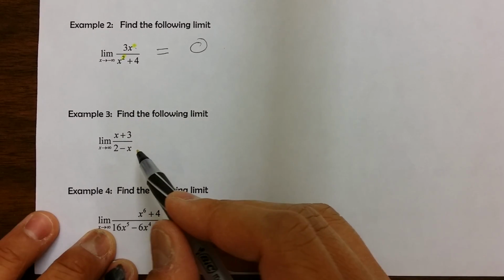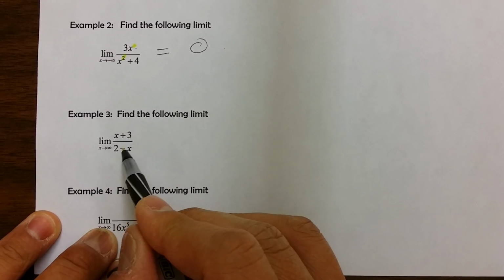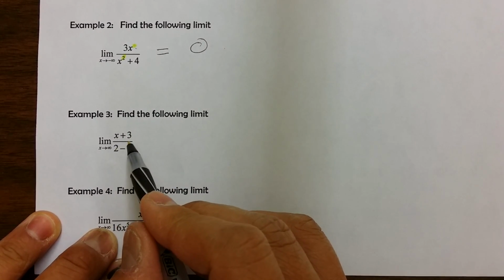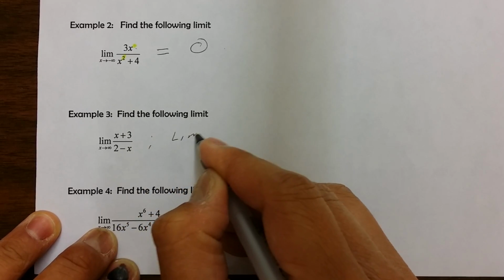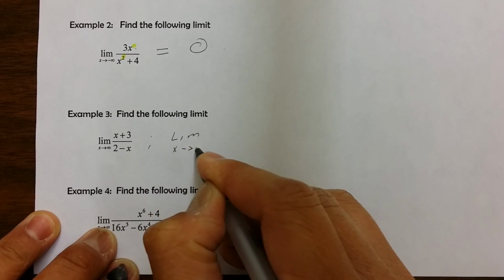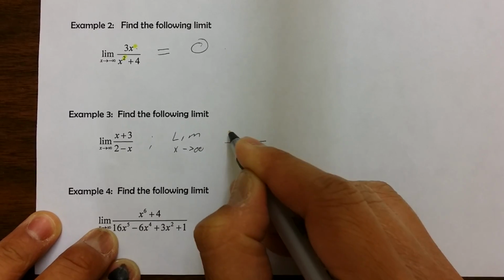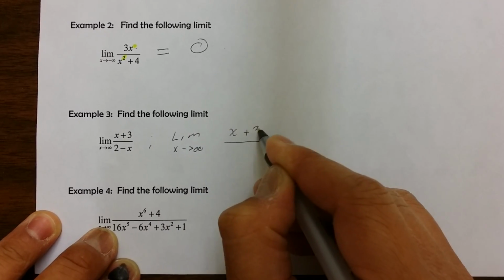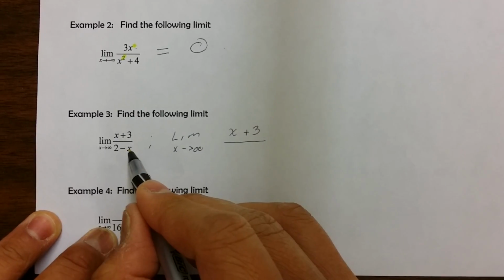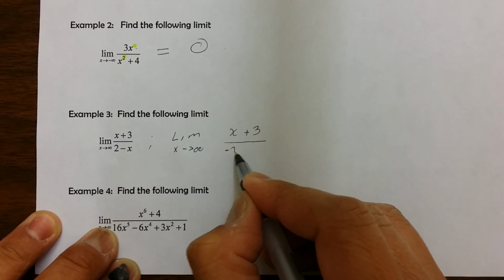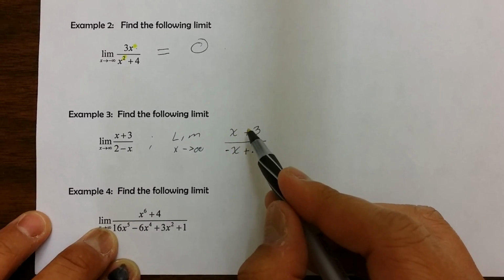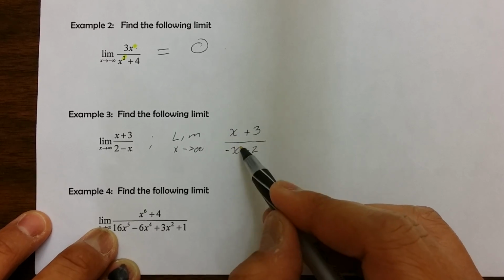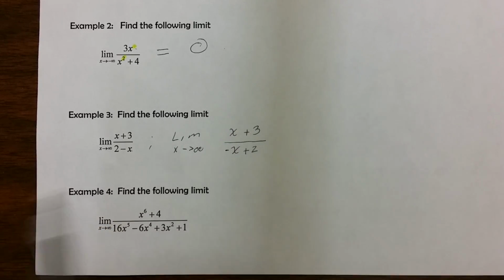Now, in order to compare the power, why don't we rearrange this so that it's in decreasing degree of x? I would rewrite the problem: leave the numerator alone. In the denominator, go ahead and flip these, so negative x plus 2. Now we compare the degree of the numerator and the denominator.